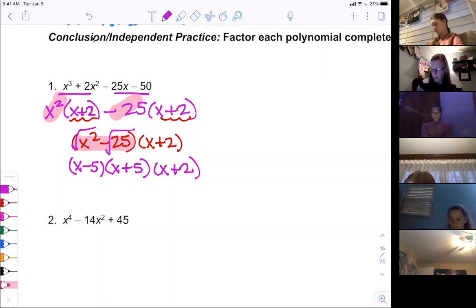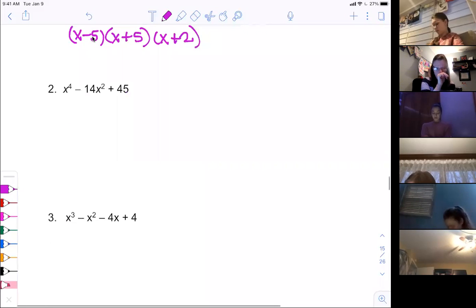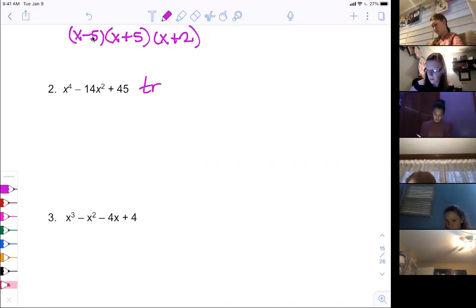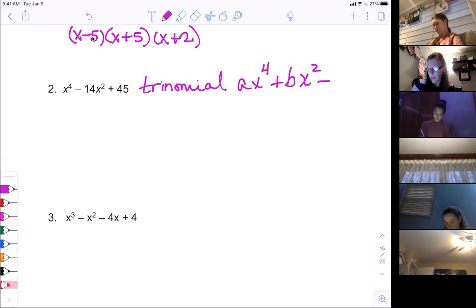All right, let's look at number 2. This one looks a little different. x to the 4th minus 14x squared plus 45. This is a trinomial. It is in the form ax squared, but really it's x to the 4th, bx squared, and then plus c.